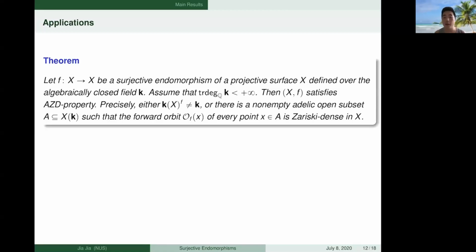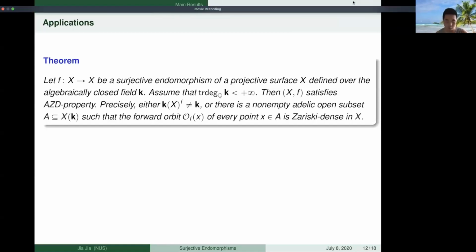Then this pair (X, F) satisfies the AZD property. This means either there is an F-invariant non-constant rational function, or there is an adelic open subset A such that for every point in A, its forward orbit is Zariski dense.